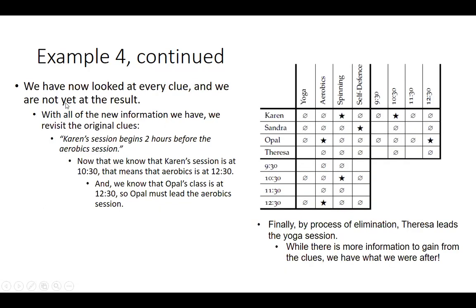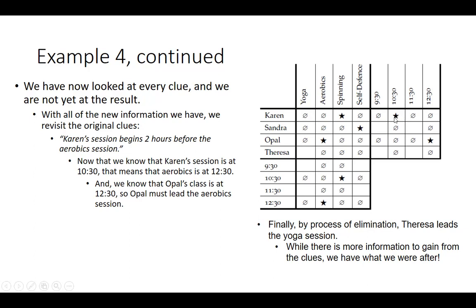We've now looked at every clue and we are not yet at the result. But with all of the new information we have in the table, we revisit the original clues. One of the clues said Karen's session begins 2 hours before the aerobics session. Now we know that Karen's session is at 10:30.